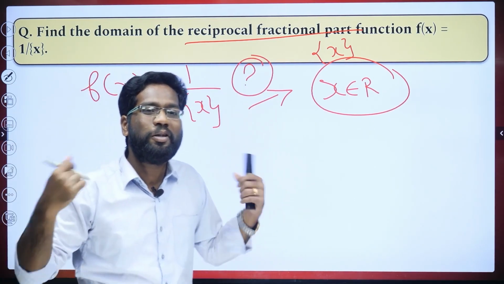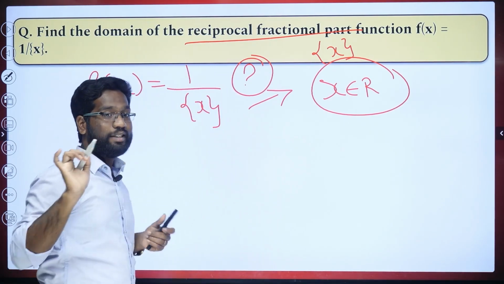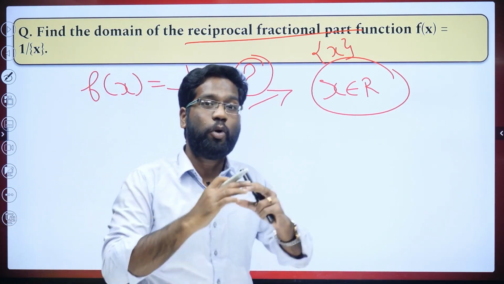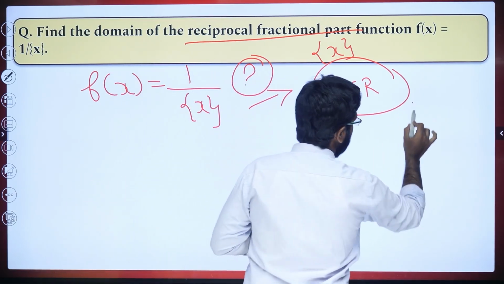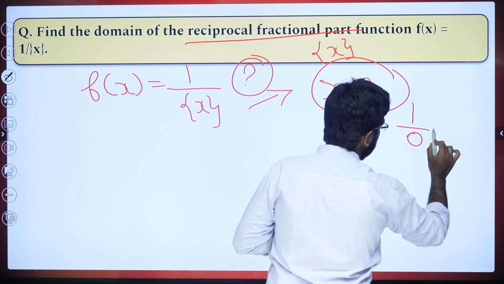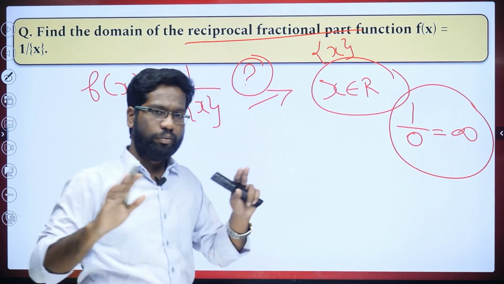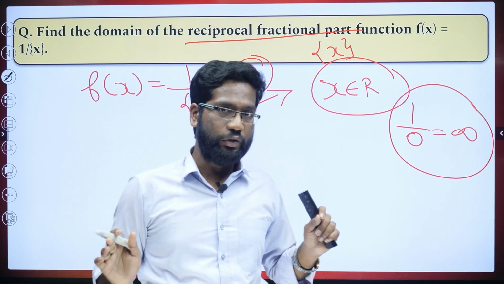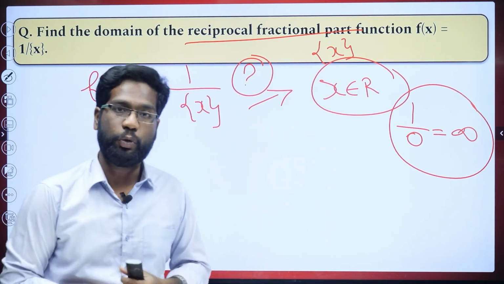How to solve? Here you have to think. As we saw before with the polynomial function and the greatest integer function, 1 by 0 is undefined. So I can take every value except where the fractional part function becomes 0.